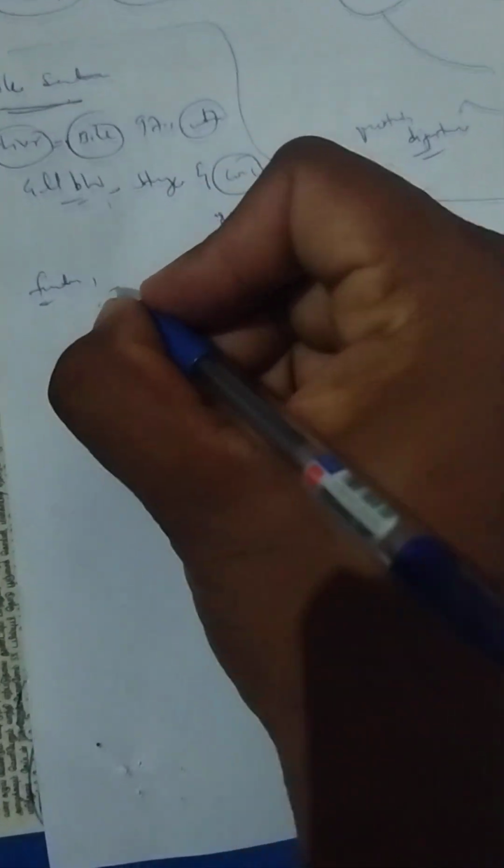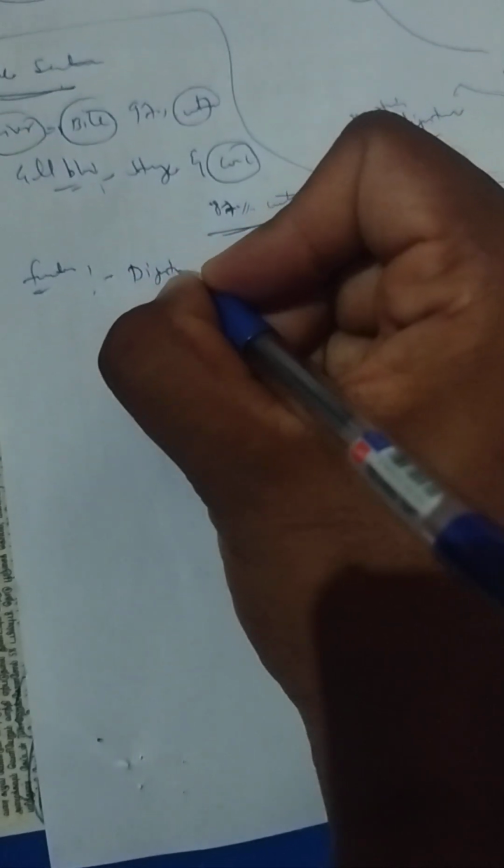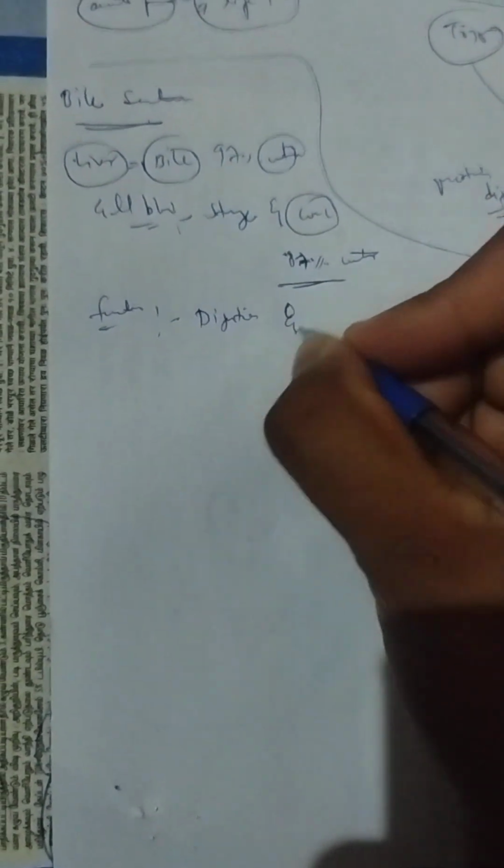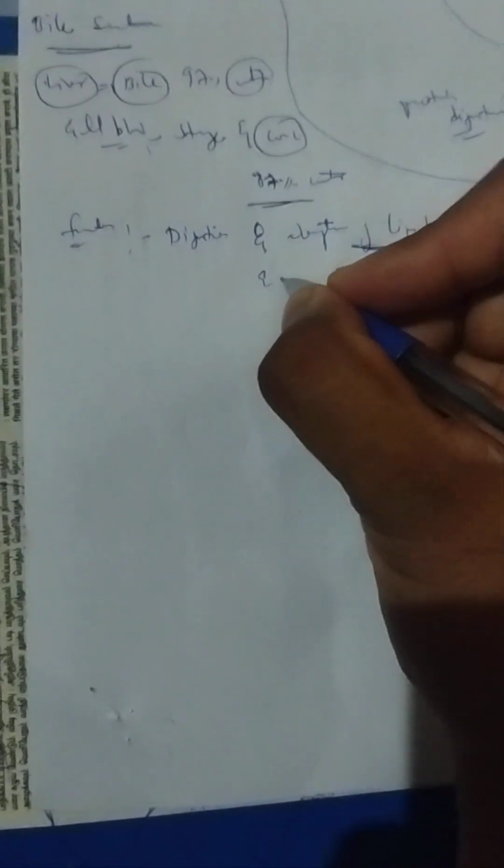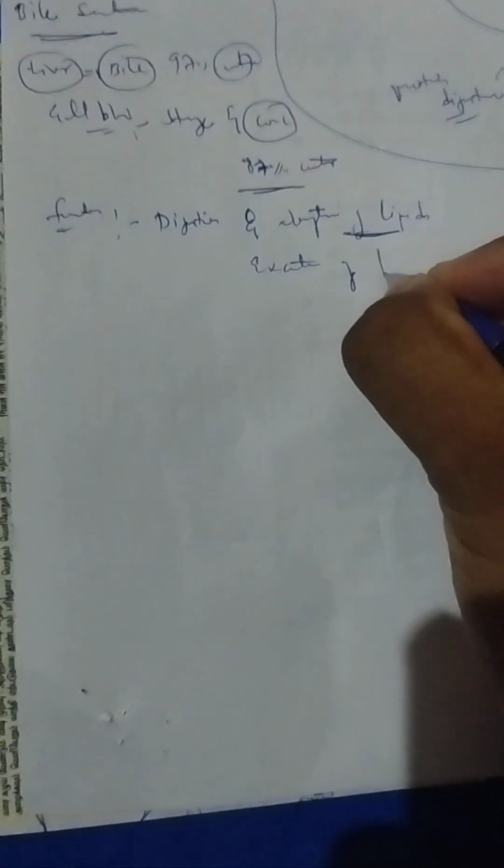The stored bile consists of 87% water. So what are the functions? It helps in digestion and absorption of lipids, and also helps in excretion of bile pigments and cholesterol.